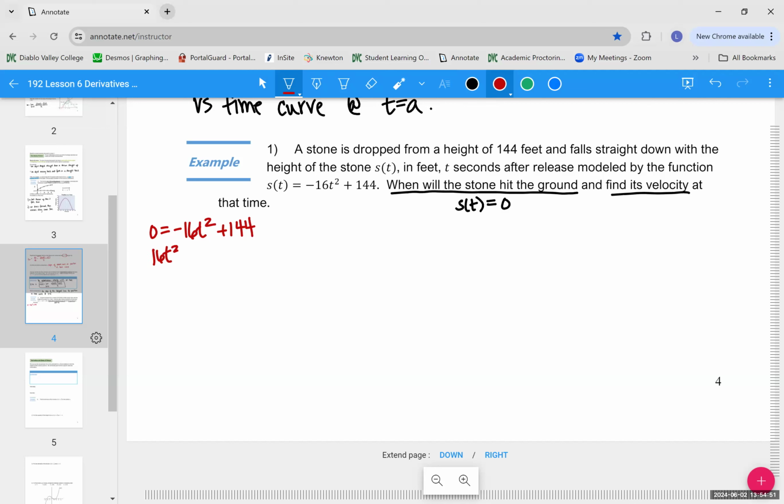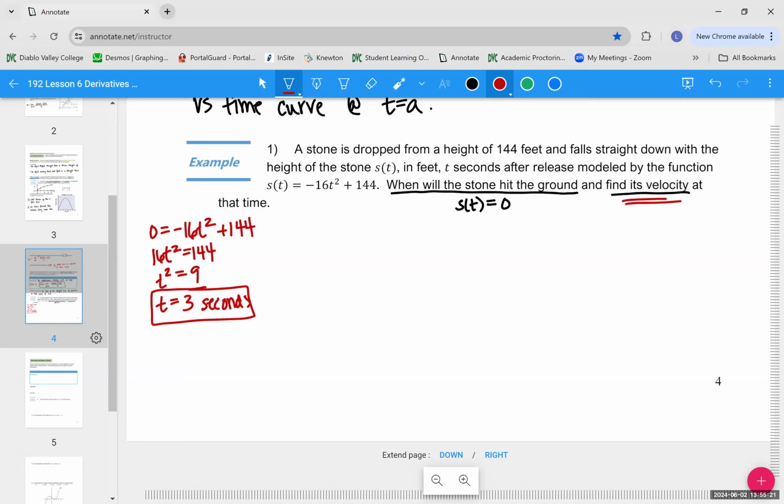Looks like I'll have t squared is whatever 144 divided by 16 is, which is 9. So I will use only the positive square root since we're talking about time. And I know now that it's going to hit the ground in 3 seconds after it is dropped. So that answers my first question.